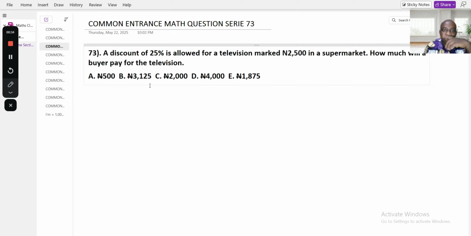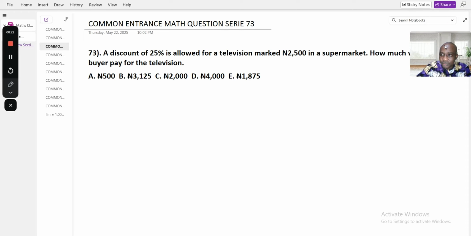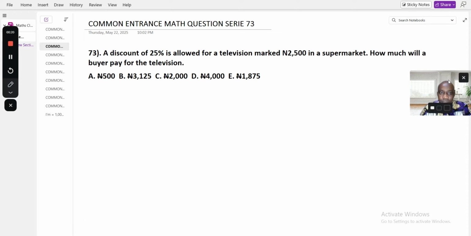A discount of 25% is allowed for a television marked 2,500 in a supermarket. Let me move away my picture so that we can see clearly. A discount of 25% is allowed for a television marked 2,500 in a supermarket. How much will a buyer pay for the television?